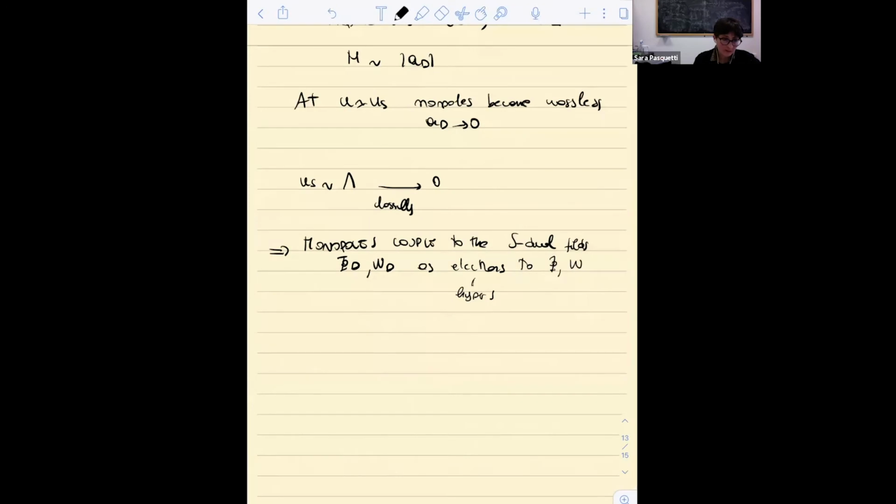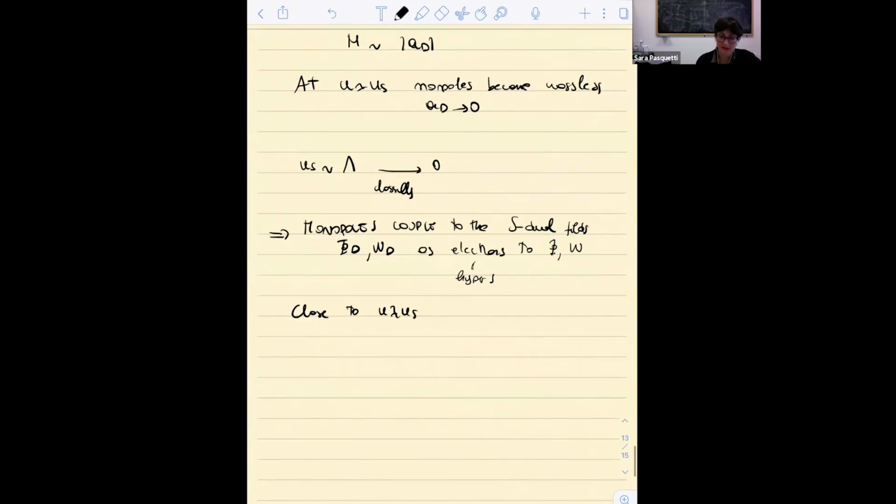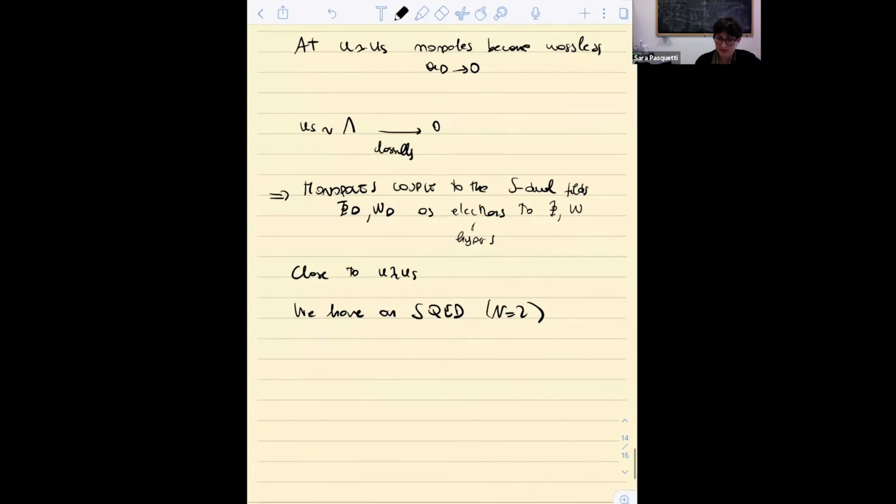It means that close to this point where the monopoles are becoming massless, I can have a dual description of my theory as a theory where I have only U(1) gauge fields and electrically charged ordinary hypers. So basically, at this point, I have a description in terms of a supersymmetric N=2 super QED, where the role of the hypers is now played by the monopoles.